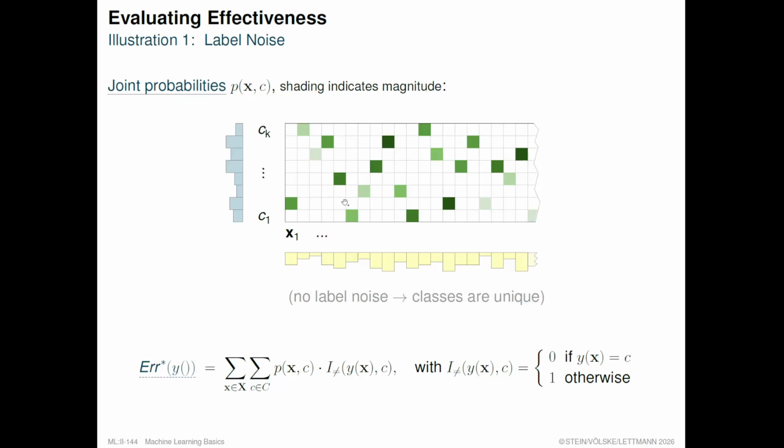So the idea here is that if you have a certain x, a certain observed feature, and this is what you get as the input of your ML process, it's easy to see which class you have to assign because it's unique. Let's pick one column here, for example, this one. You can see that there's only one class that has a non-zero probability.